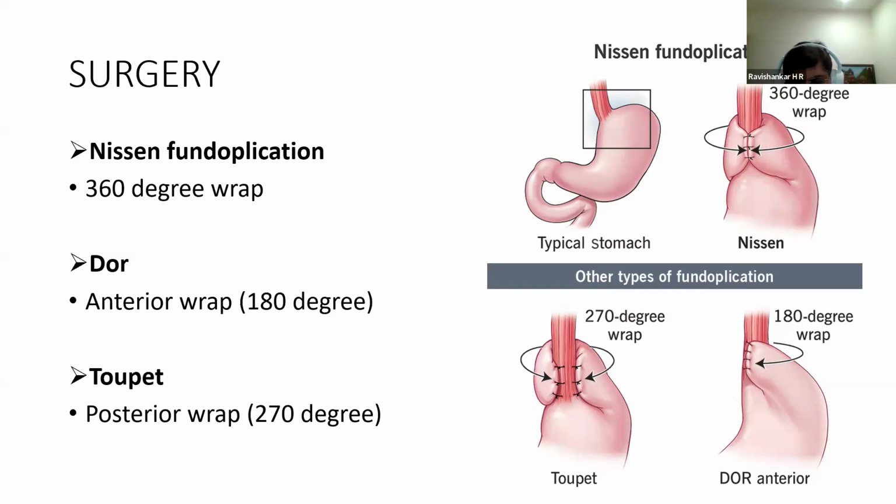Then he did not mention the presence of Barrett's esophagus, which if it does not respond to the usual Helicobacter pylori eradication and regular PPIs, if there is no regression of the Barrett's, then you consider surgical management of gastroesophageal reflux disease. Barrett's esophagus is also one of the indications.